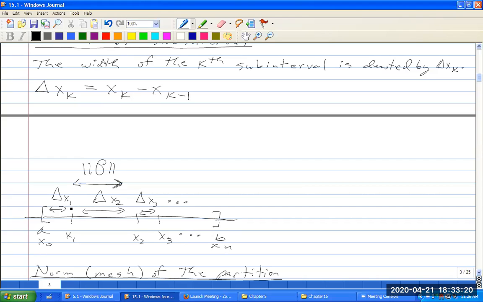Then delta x sub 1 is just x1 minus x0. It's just the length of this first subinterval. Delta x2 is just x2 minus x1. It is the width of this second subinterval. Delta x3 is just x3 minus x2. It is the width of this third subinterval, etc.